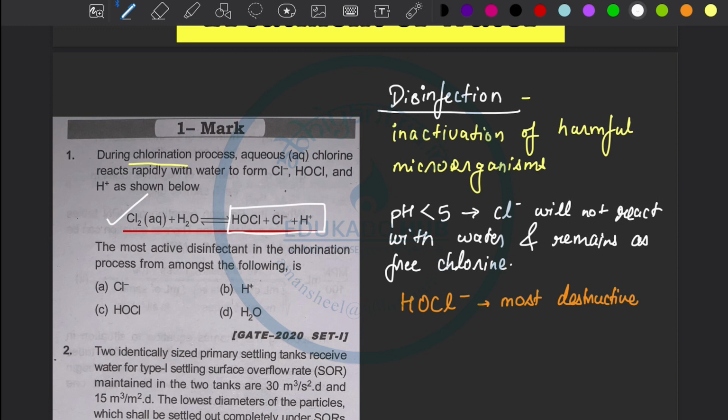It is 80% more effective than OCl minus ion. Hence pH is mentioned just below 7 for most effective chlorination. So we can say HOCl is the most effective disinfectant in the chlorination process.